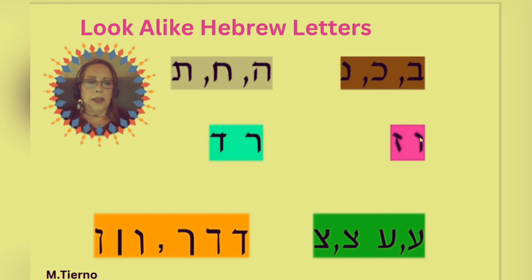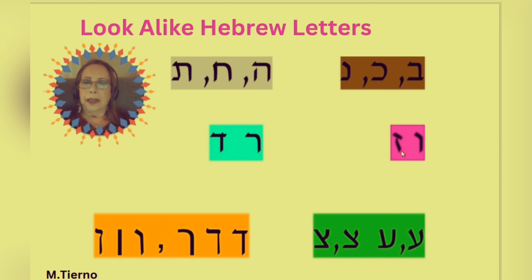And as you can see, this one just slightly goes up and straight down. So this one has a tiny little curve going up, and then it goes straight down. Now, if you look at Zayin, think of Zayin as a little crooked.